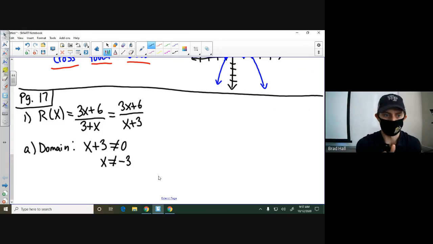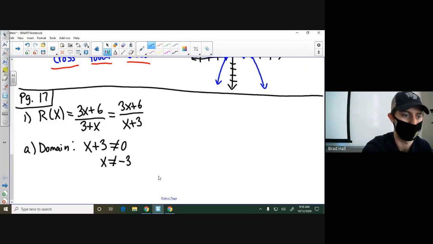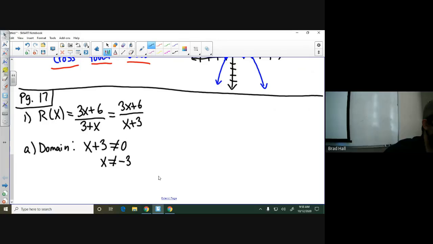So we find the domain, and it also turns out that 95% of the time, this will immediately tell us what's called the vertical asymptote. We can immediately find in 95% of cases the vertical asymptote based off of this.